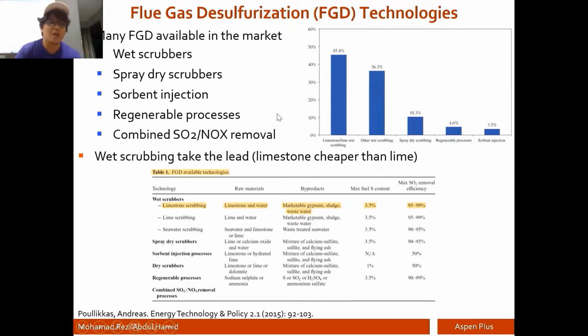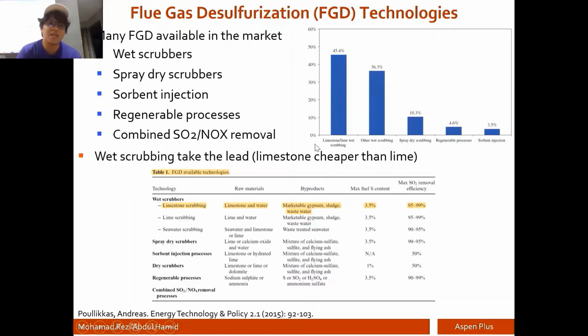And obviously, wet scrubbers being a simple and inexpensive method, they are being used to remove SO2 from the flue gas, and they represent 45.4% of the market share. For this one, limestone or lime are used as the absorbent for wet scrubbing.